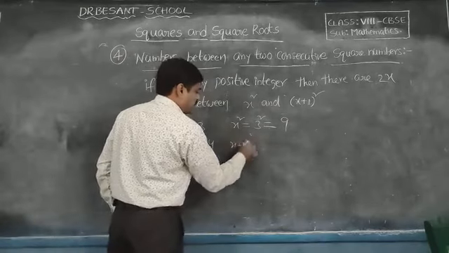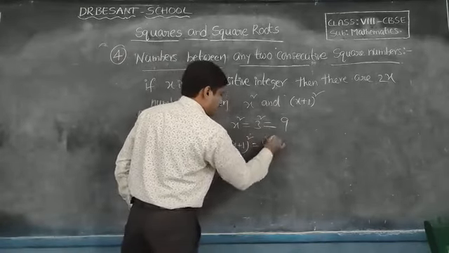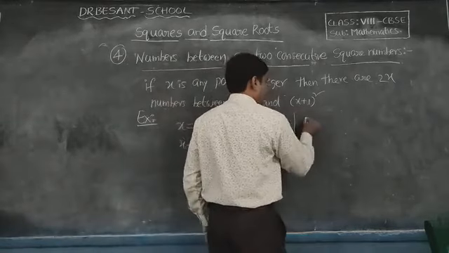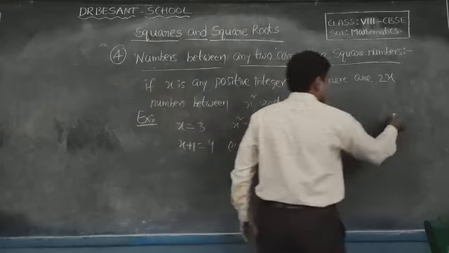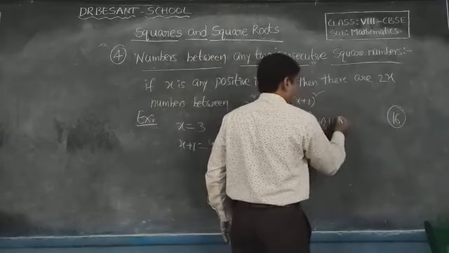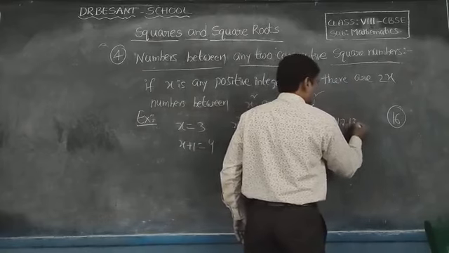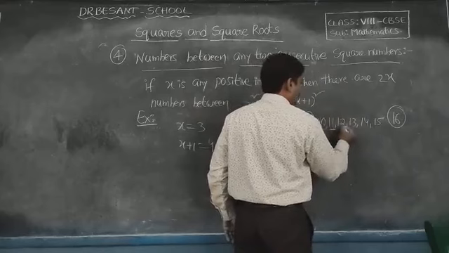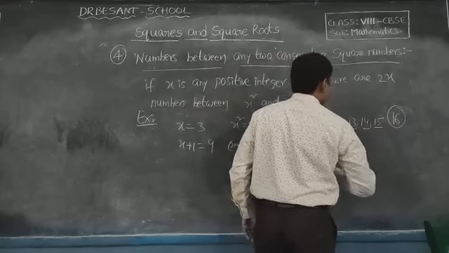So (x plus 1) whole square is equal to 4 square, that is equal to 16. So in between 9 and 16, there are 10, 11, 12, 13, 14, 15. How many? 1, 2, 3, 4, 5, 6.